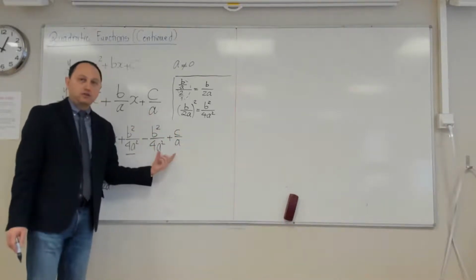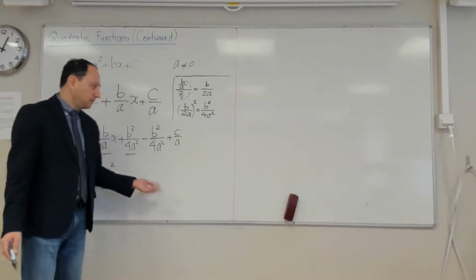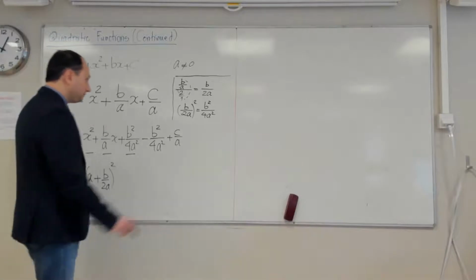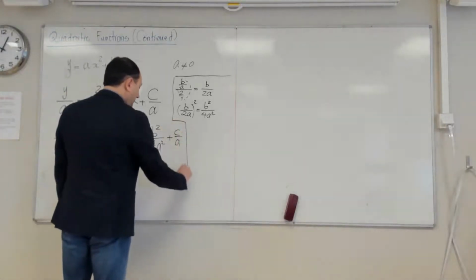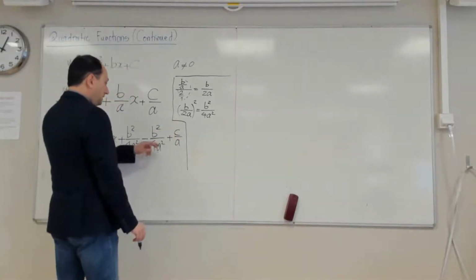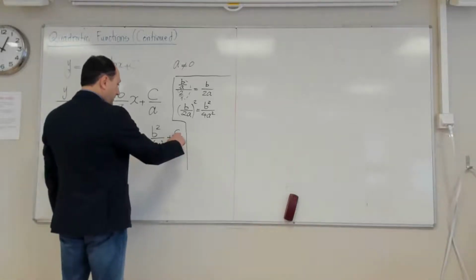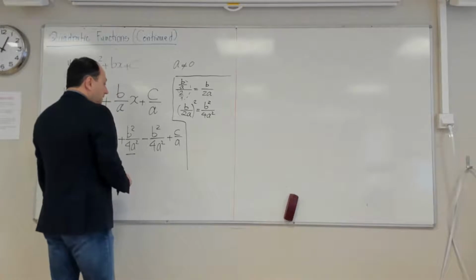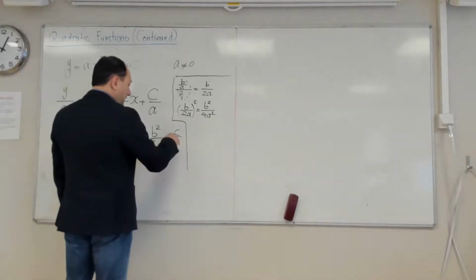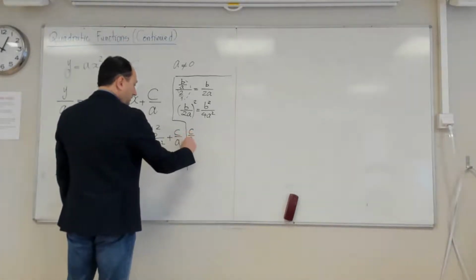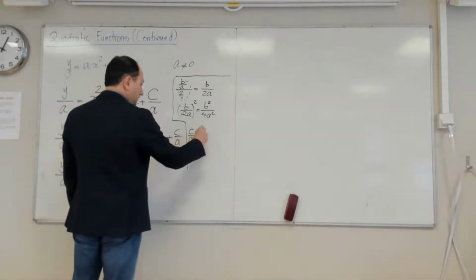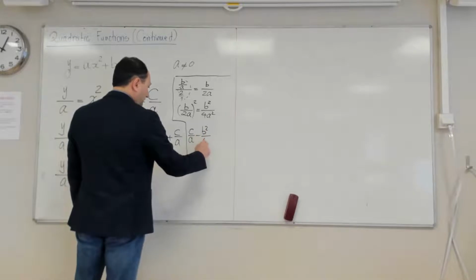But here I have to deal with letters, yes? Variables. So what can I do? I can do more or less the same thing. Let me go here to a scratch paper. So let me write it in this way. So here it is c over a. And then I have minus b squared over 4a squared.